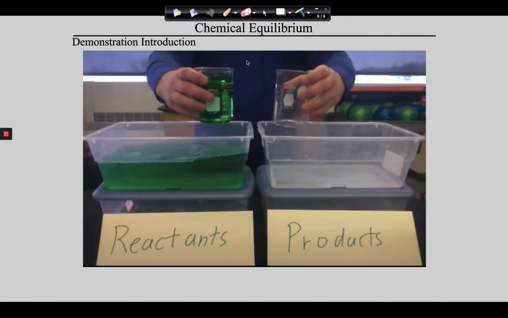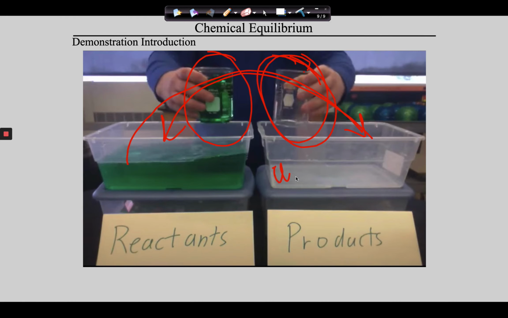In this demonstration, what you're going to see is this. The demonstrator is going to have two beakers. These beakers are of the same size. And so what's going to happen is they are initially going to use one beaker to pour reactants into products. But then the other beaker is going to be used to pour the products back into reactants.